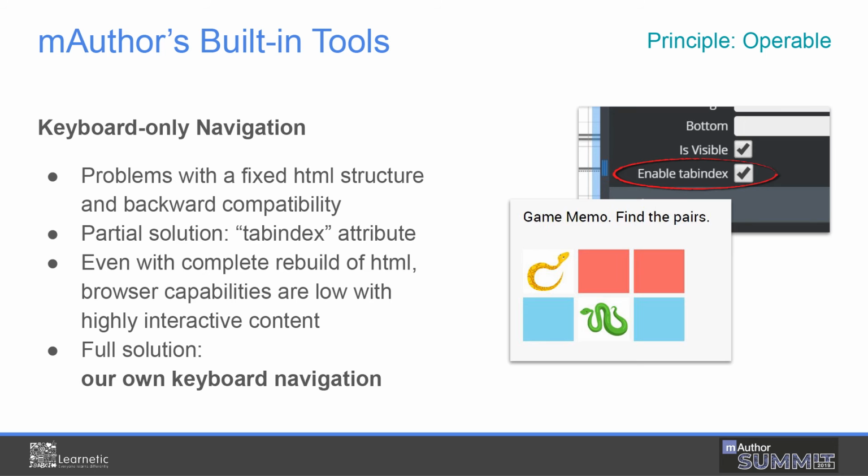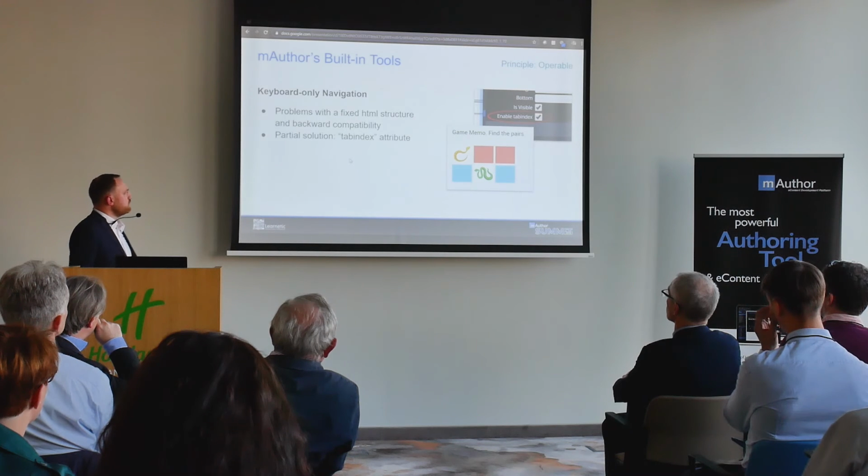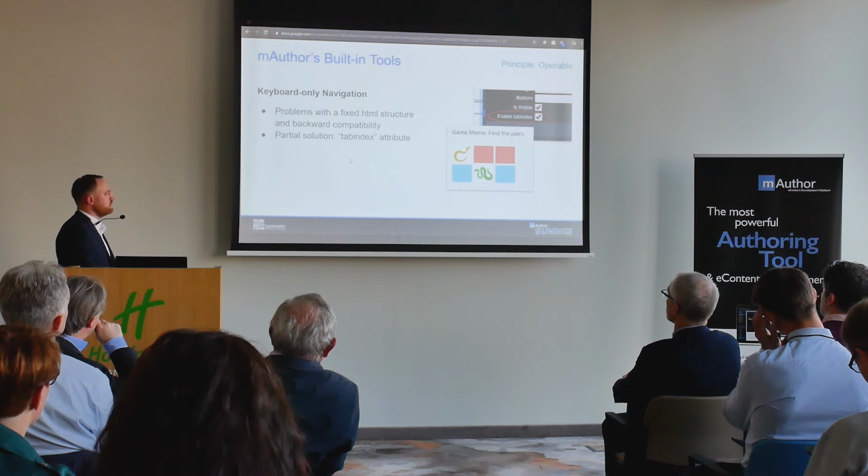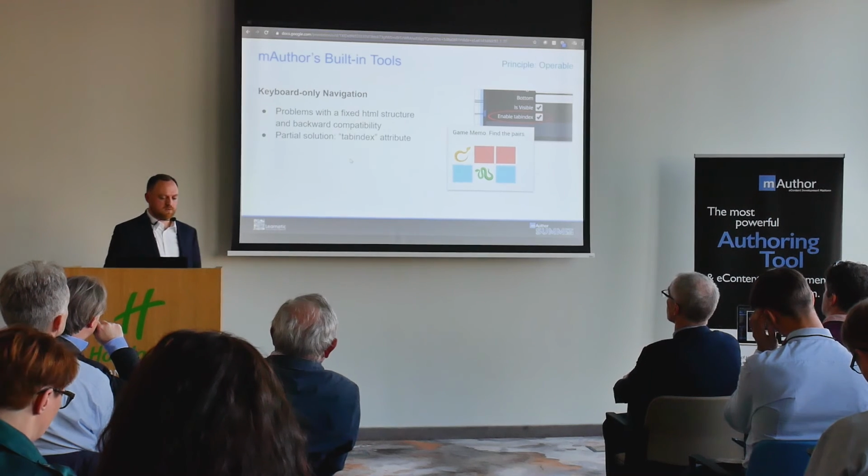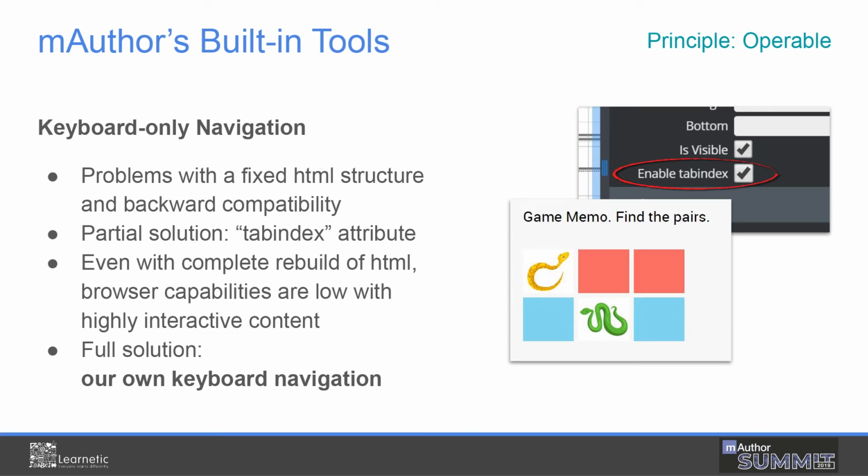Another problem is the operable principle, and providing a way to navigate content using only the keyboard, without the mouse. The problem with a fixed HTML structure and backward compatibility that I mentioned before is present. So the partial solution that we implemented was to add a tab index attribute.